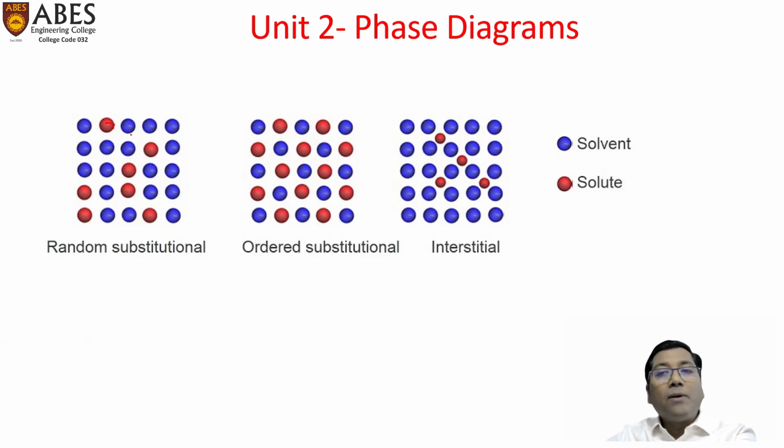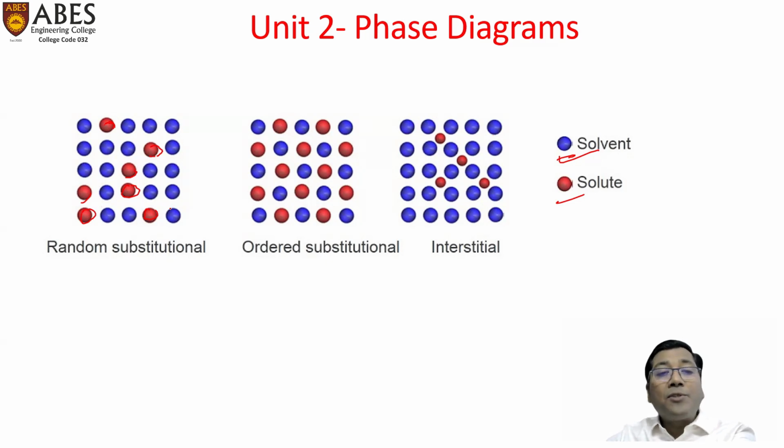The red ones are replacing the blue atoms, and their number is less, so these are called solute atoms. The solute atoms are the red ones taking the place of solvent atoms.